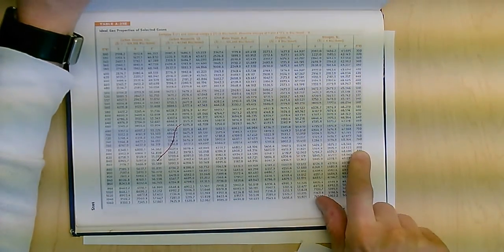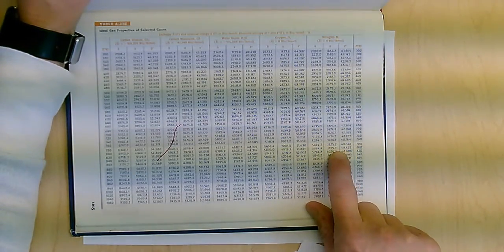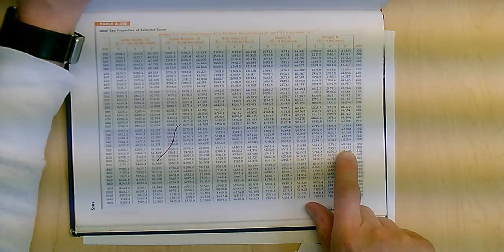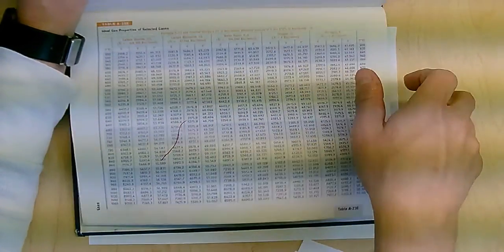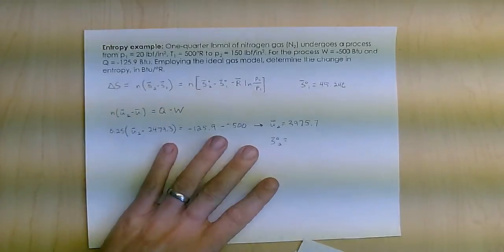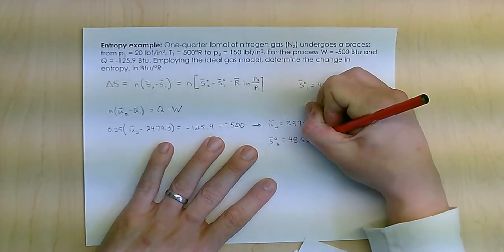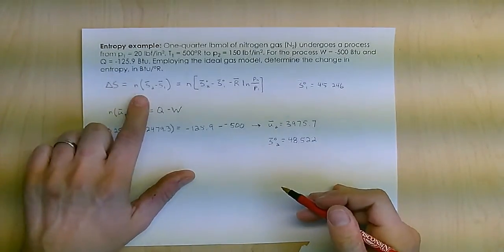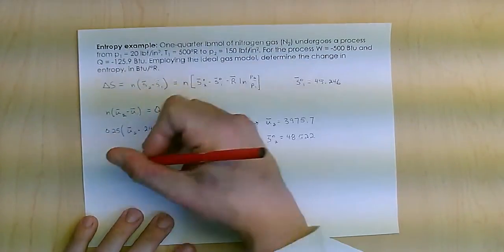This is at 800 degrees Rankine, but more importantly, the S value at 3975.7 is 48.522. So now I can go ahead and find my change in entropy.